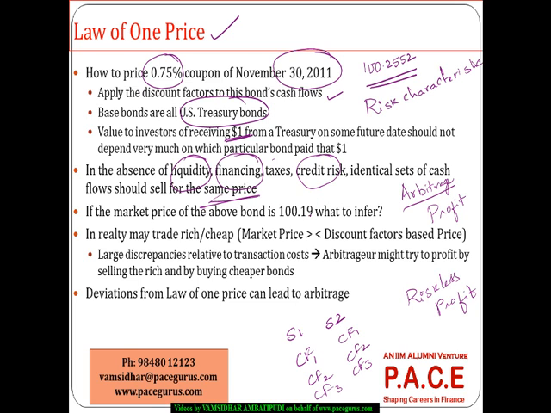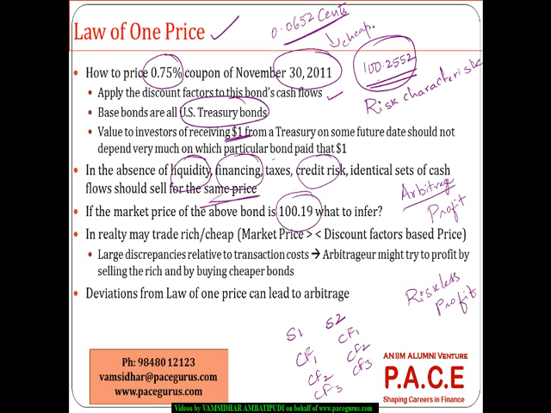Now if we see here, we said that this particular bond should be priced at 100.25. Whereas if I look at the market price for that particular bond, it is available at 100.19, which means 0.0652, cheaper, right?